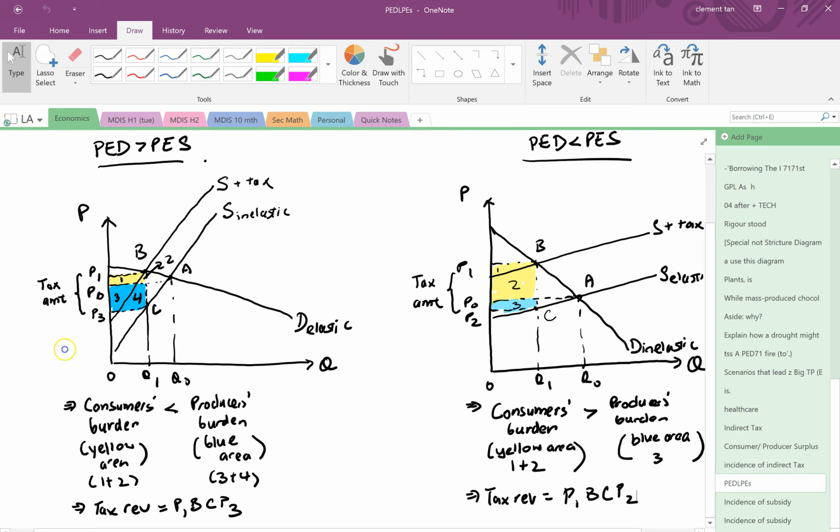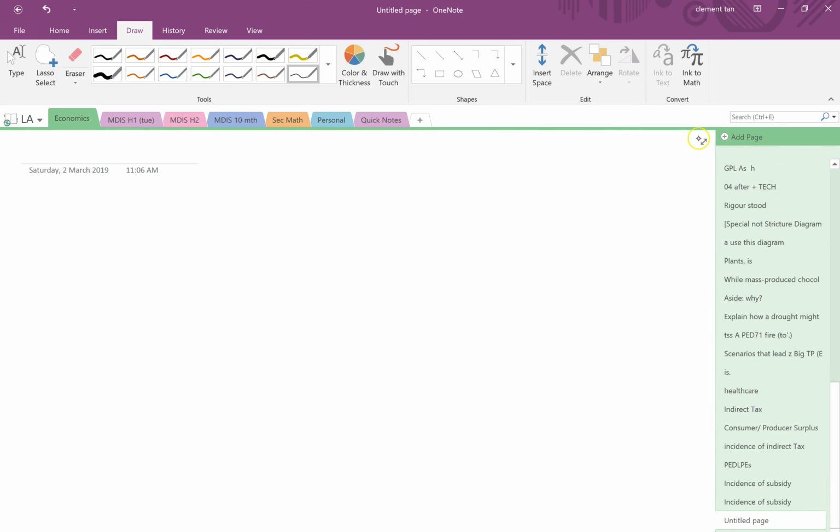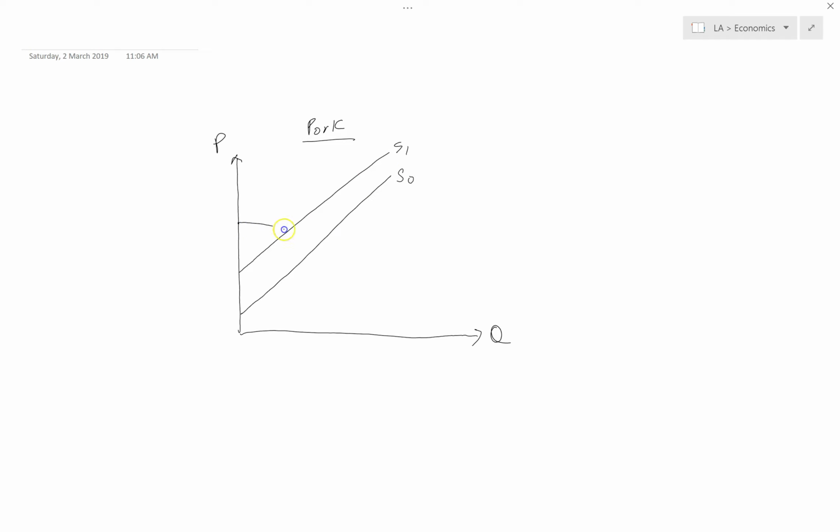You can use PED more than PES. Let me draw the first one. Pork price. So PS is more inelastic, with the supply shift from S0 to S1. Demand is elastic.